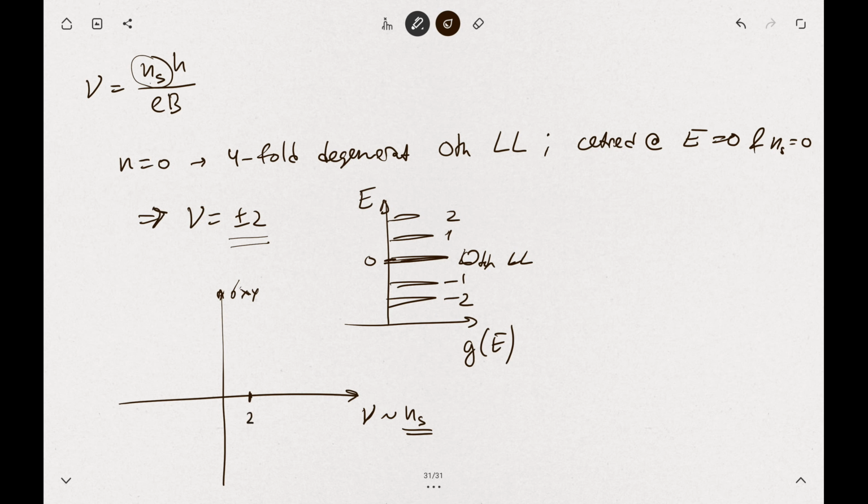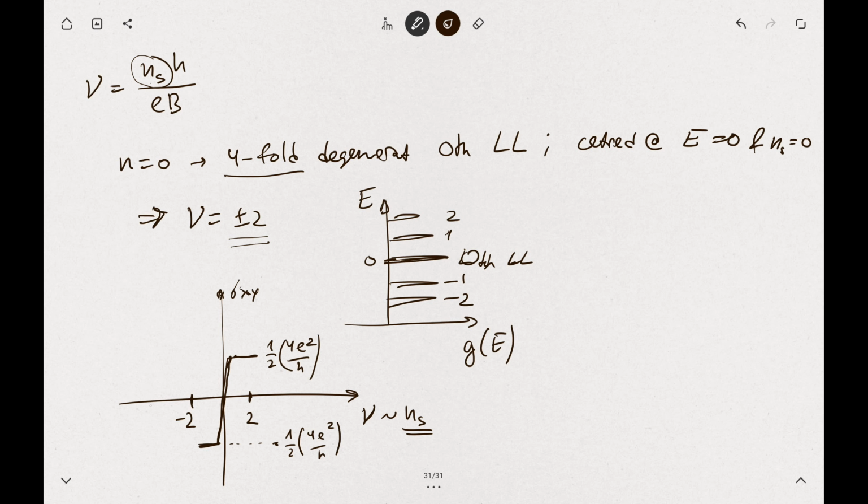So around the filling factors plus minus 2, you will have the plateaus in sigma xy, and these plateaus will be 1/2 of 4e squared over h. That's a general unit because you have fourfold degeneracy, so it's 4e squared over h, and it will be half integer basically. In this case, you will have minus 1/2 of 4e squared over h for this state.